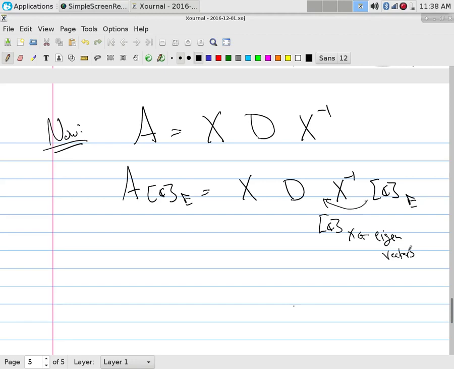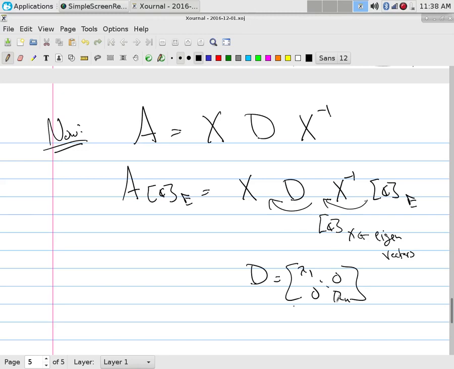But now, what does D do? Here's a very interesting feature. What is D? D is just simply lambda 1 through lambda n along the diagonal, with zeros elsewhere. What does it do? All it's going to do is take the first coordinate and multiply it by what? Lambda 1.